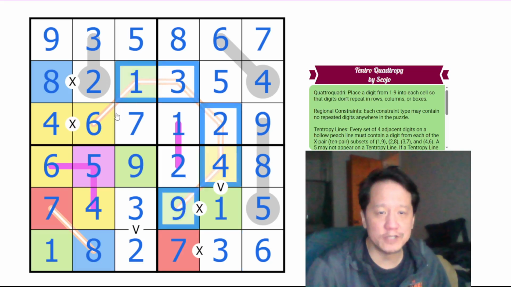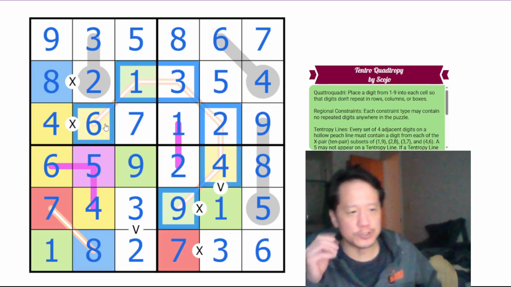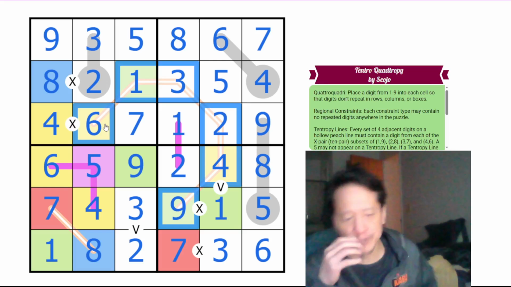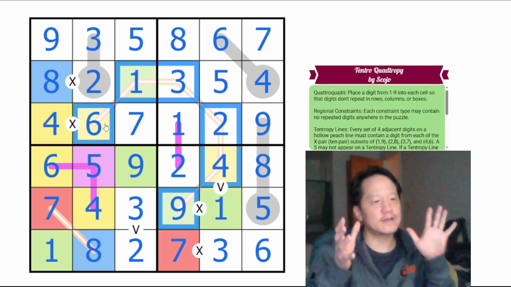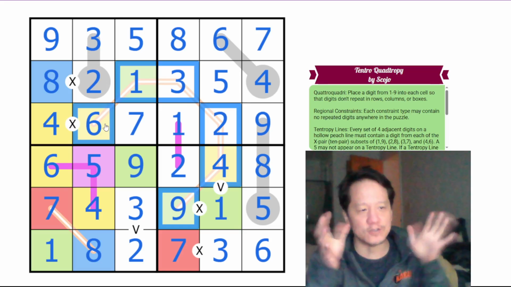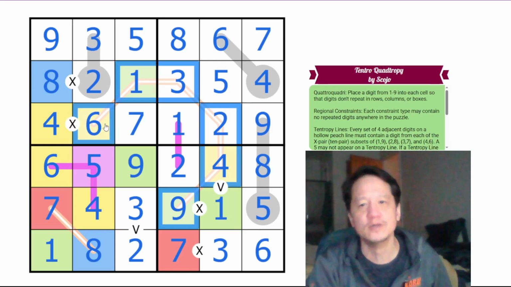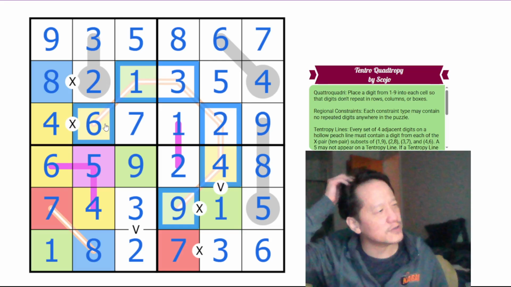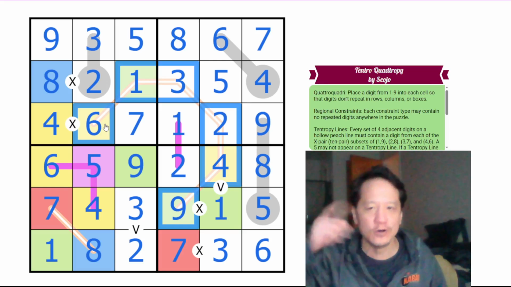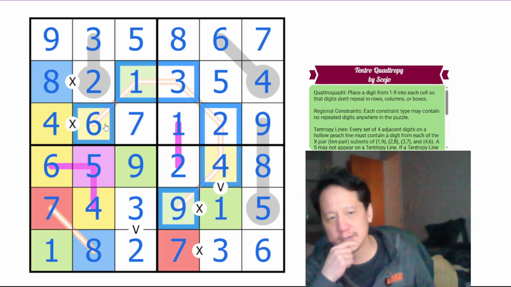Yeah, I wanted to do this because I kind of wanted to introduce Quattro Quadri, which is usually an easier form of variant Sudoku than normal Sudoku. But there are some things that you might be used to in normal Sudoku which you cannot carry over for Quattro Quadri.